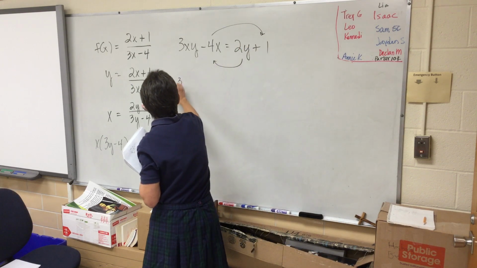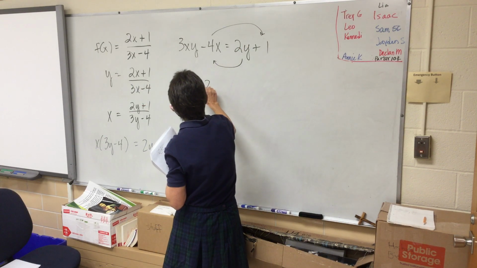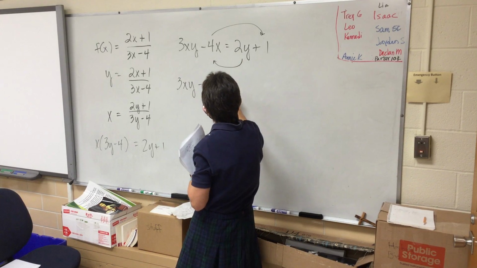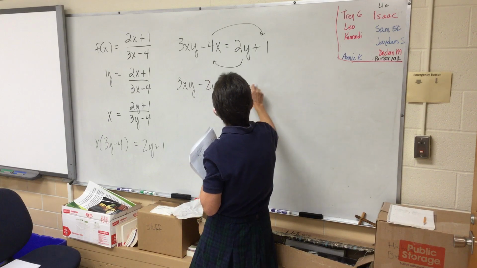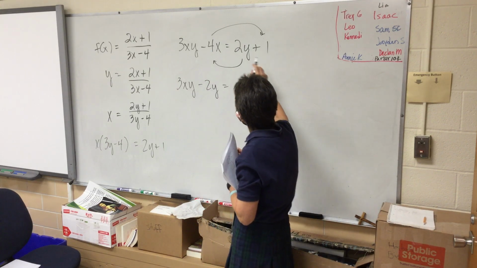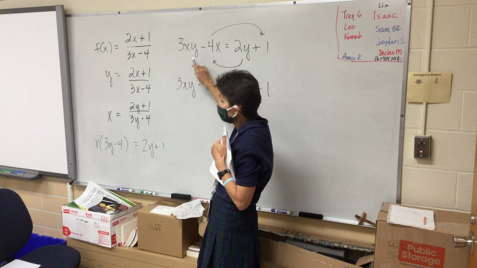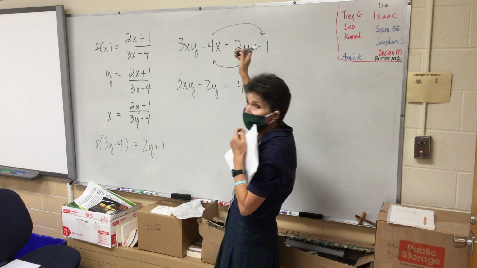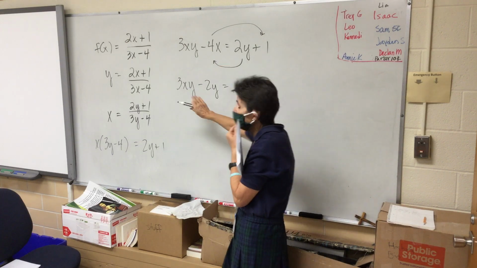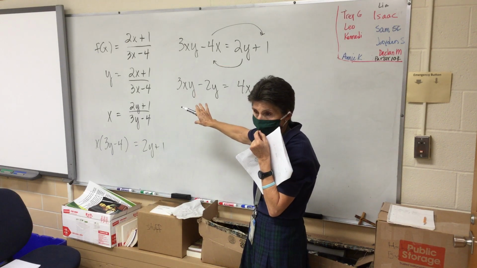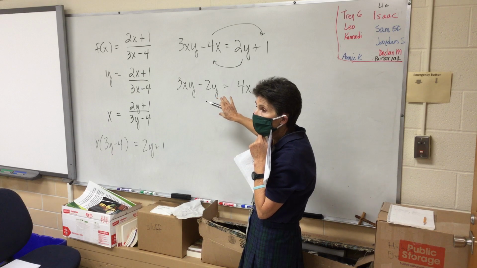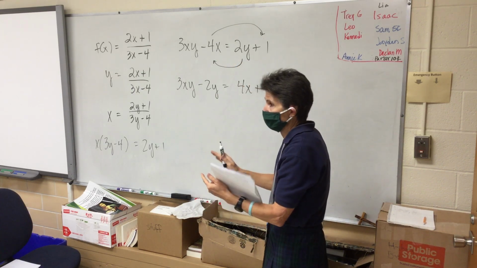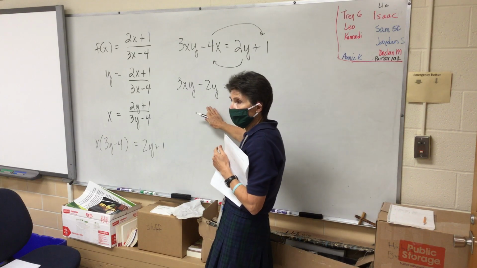So I'm going to have 3xy minus 2y, because I brought it over, equal to 4x plus 1. So the 2y comes over and joins this y, and the 4x goes the other way because I only want y's on one side. So I didn't really do anything except rearrange the terms so that all the y's are on one side.